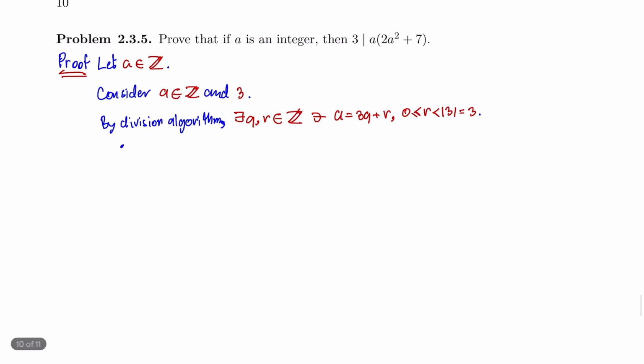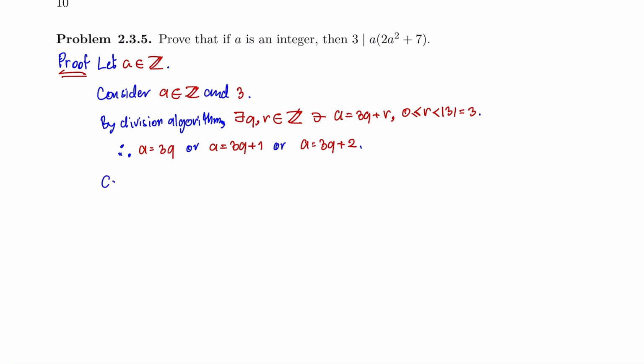So that means we have 3 cases for a. We have a equals 3q in the case where r is 0. Another case, the case where a equals 3q plus 1. And the last case, the case where a equals 3q plus 2. Okay, so we split into 3 cases.